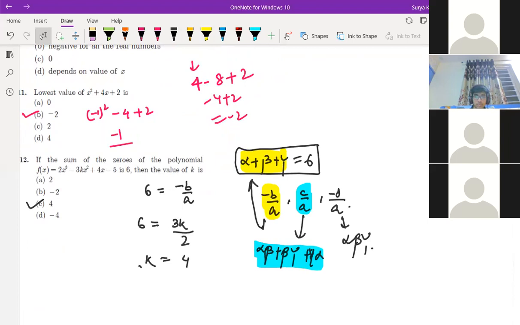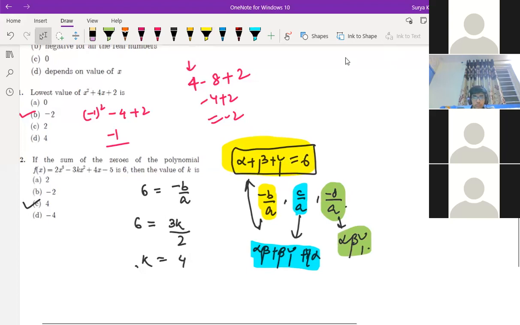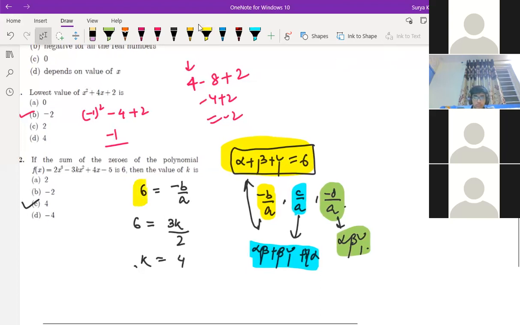This one is C by A. And the third one, if you take the product of these three, alpha beta gamma, is minus D by A. So in this case, we are having the sum of these zeros, alpha plus beta plus gamma. That is nothing but the minus B by A formula. Got it? Yes.